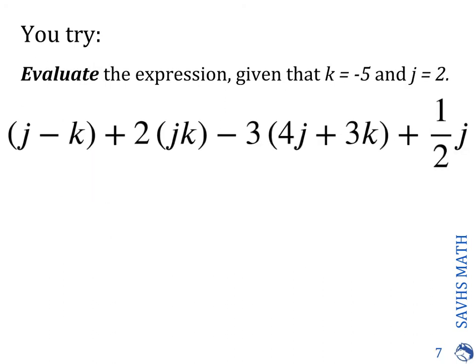In this one, I have values for k and j. Take those values, put them in, and then evaluate. Okay, so everywhere I see a j, I'm going to put in 2. Everywhere I see a k, I'm going to put in negative 5. So let's do that. J is 2.